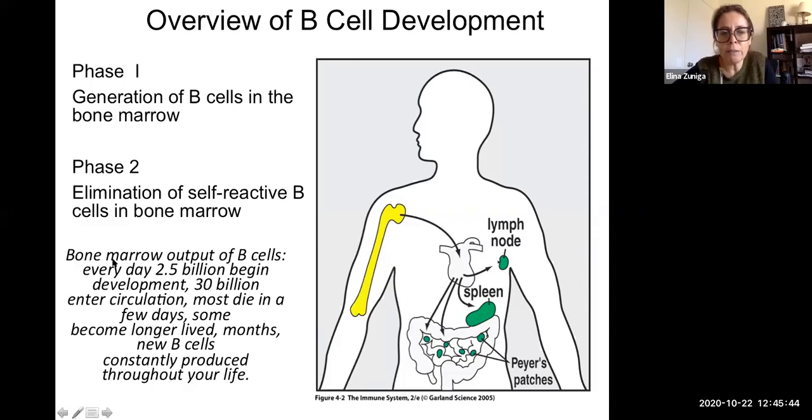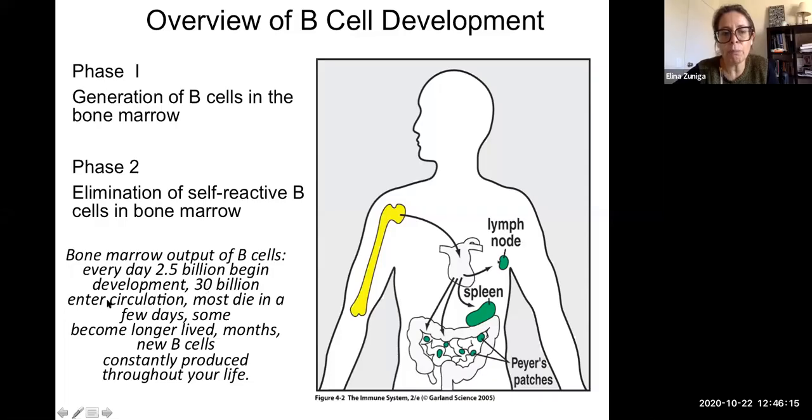An interesting fact about the output of the bone marrow in terms of B cell production is that every day 2.5 billion developing lymphocytes start the development into B cells, and then there is induction of proliferation in the cells that have functional BCRs and pre-BCRs.